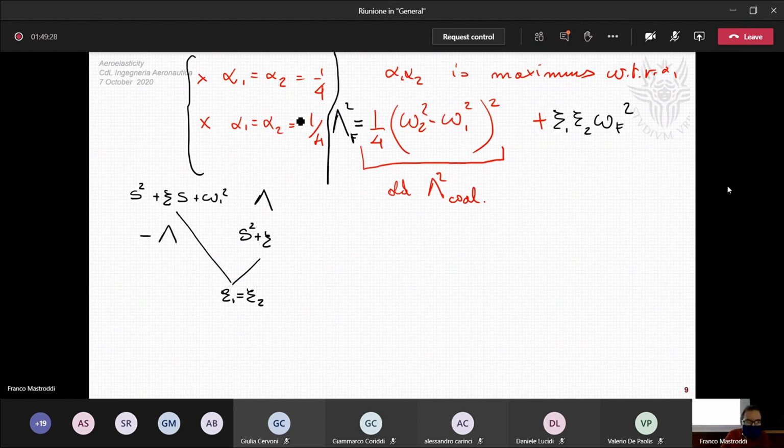So when you have the same damping for both modes, your characteristic equation is the following.